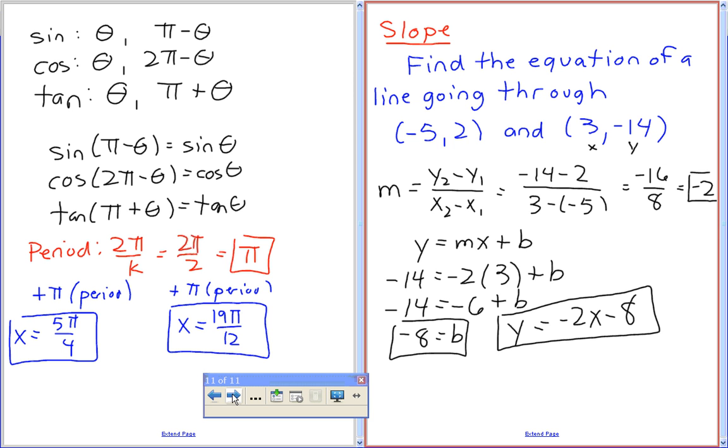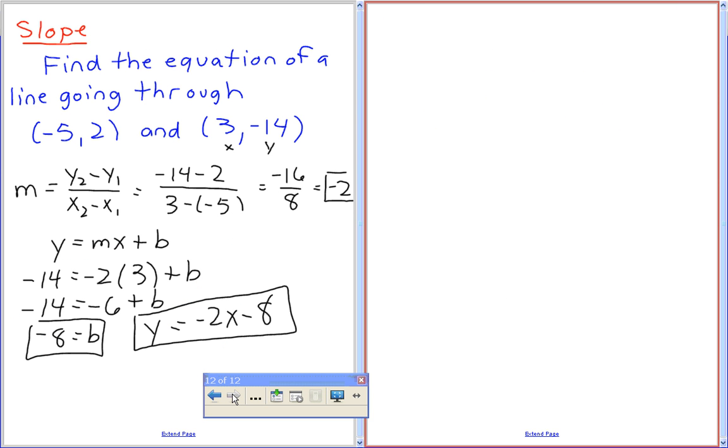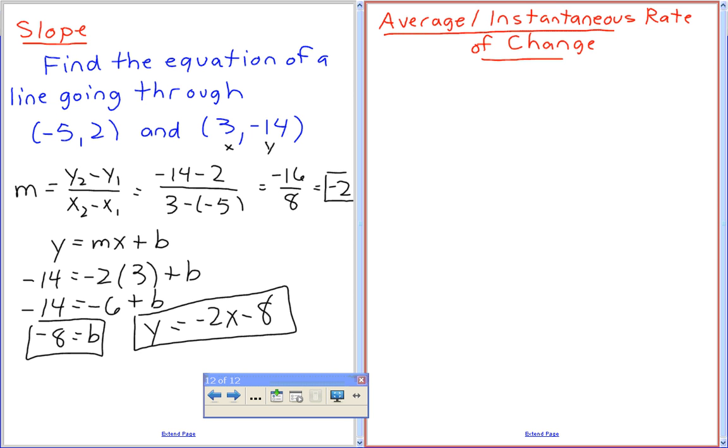Okay. Here we go. Average rate of change. We're going to get into this a little bit tomorrow. I'm just going to do the basic advanced functions calculations to make sure you can do this.